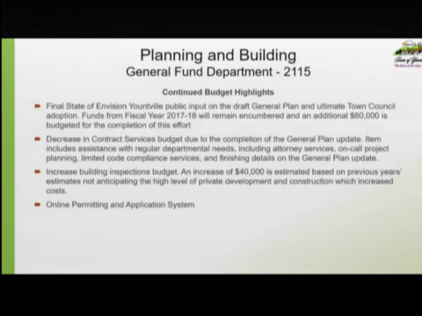That leads to the next item, which is a decrease in contract services, and for the general plan alone, we see a decrease from $175,000 this year to $60,000 next year, but it also includes such items as on-call planning services. It includes town attorney budget for planning specific items, and that is for legal assistance with code enforcement, appeals, and the review of our draft ordinances that we take to him.